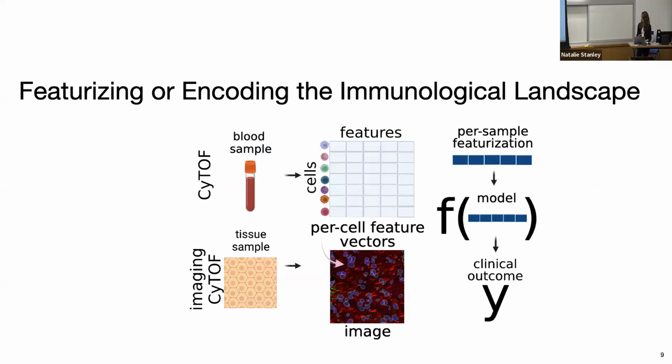And so, just to reiterate, whether you have CyTOF from blood, which is what I've been describing, or from a tissue, and then you end up with your cell by feature matrix, what we want to do is take that matrix and compress it into a single vector. So then when we give that vector to a model, and we assume this is some kind of machine learning model that predicts an outcome, we want this vector to be such that we can then train a model to predict this outcome.